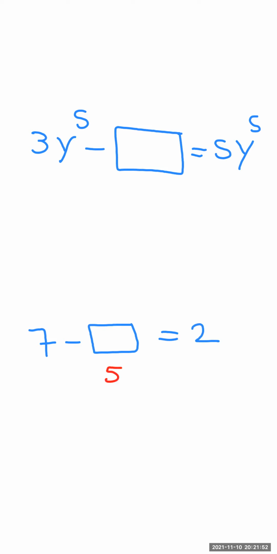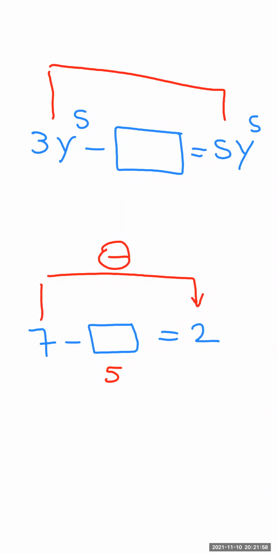How did I get that 5? It's 7 minus 2. So 3y to the power 5 minus 5y to the power 5. So 3 minus 5 is negative 2y to the power 5.